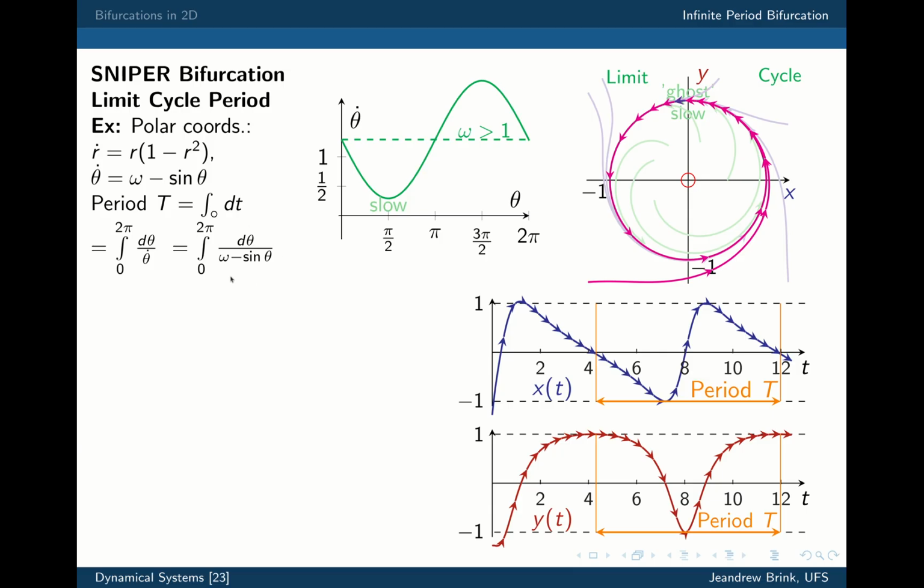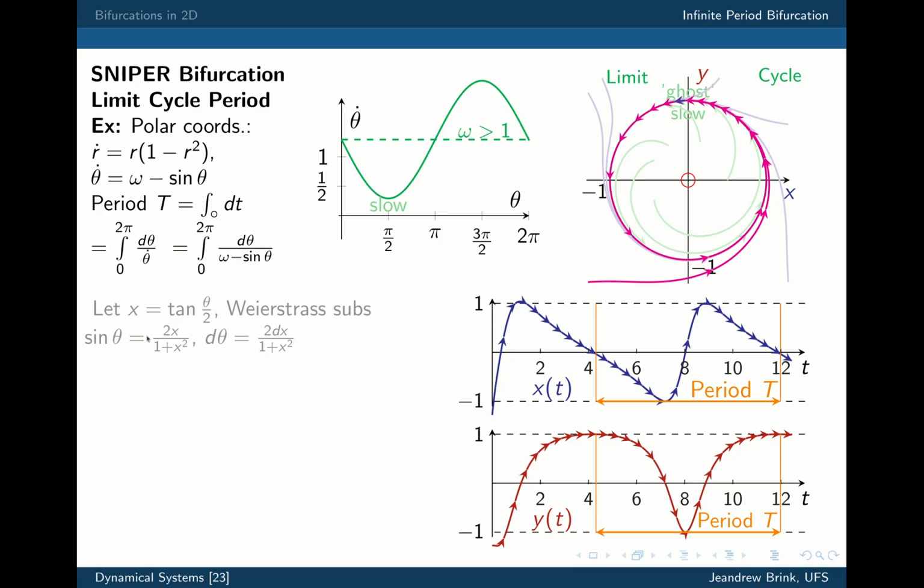This is an integral that you tend to learn in first year, with a very clever substitution known as the double angle formula, or a lot of people also call it the Weierstrass substitution. We set x equals tan of theta over 2, and then you immediately have that sine theta is equal to 2x over 1 plus x squared, and d theta is equal to 2 dx over 1 plus x squared.